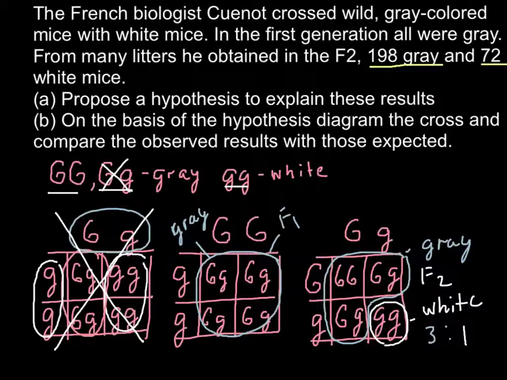So how would we find these ratios? We just have to add these two numbers, so 198 plus 72, and this is going to be 270.